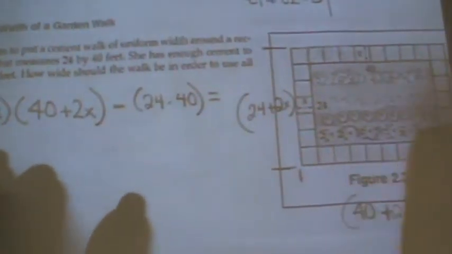But do we wanna cement our flowers? No, we're gonna pop out the area of the flowers, which is 24 times 40. And what we have remaining is just the cement, and we want it to be 600 square feet.